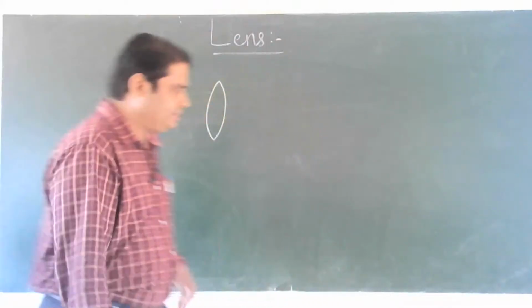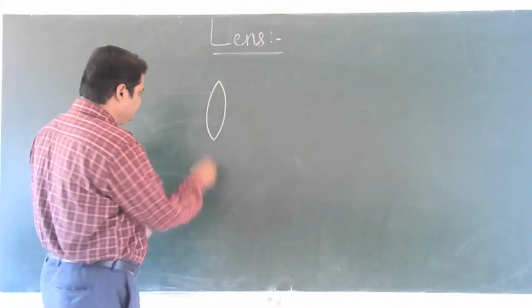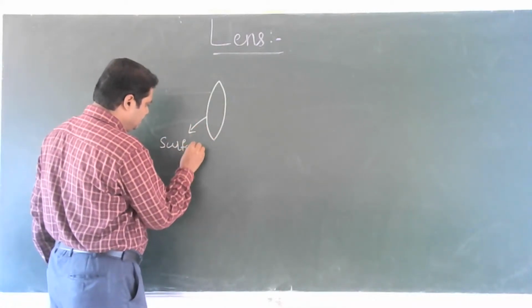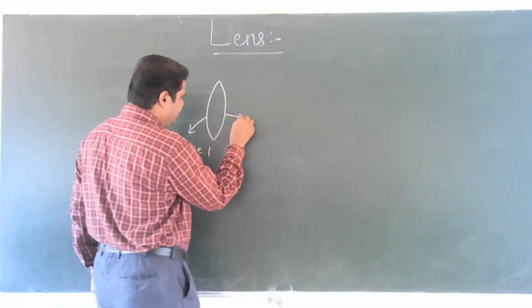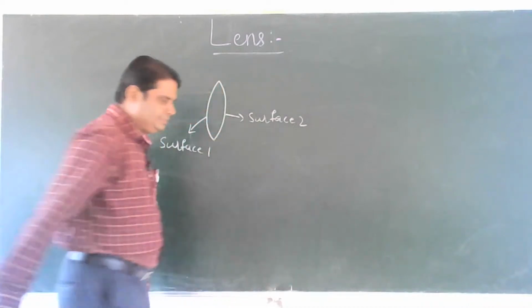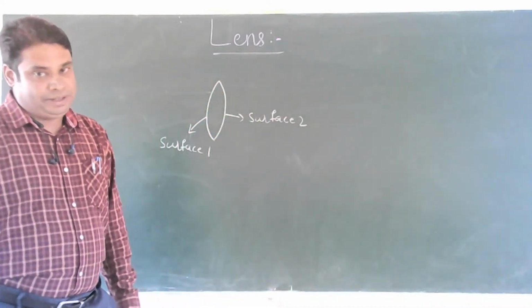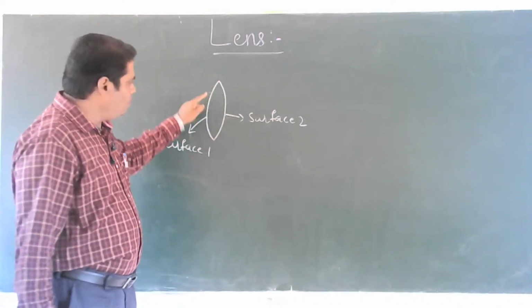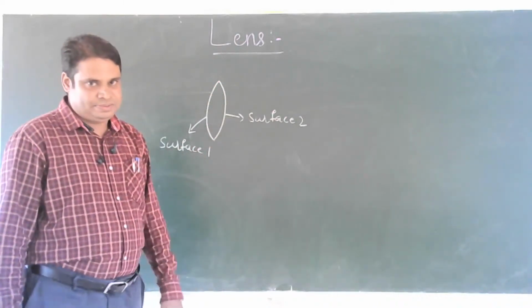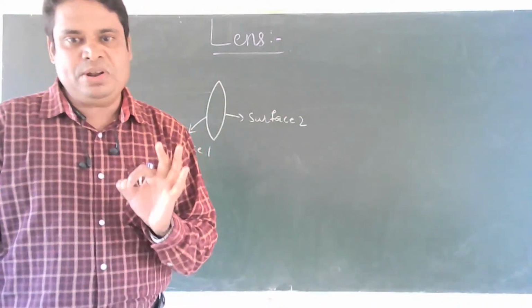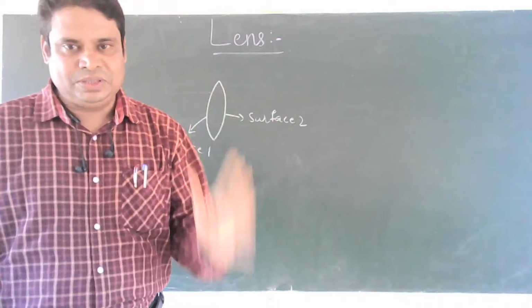A lens is an optical medium bounded by two surfaces, surface 1 and surface 2. Let me repeat. A lens is an optical medium bounded by two surfaces. But there is a condition: at least one of which is spherical.